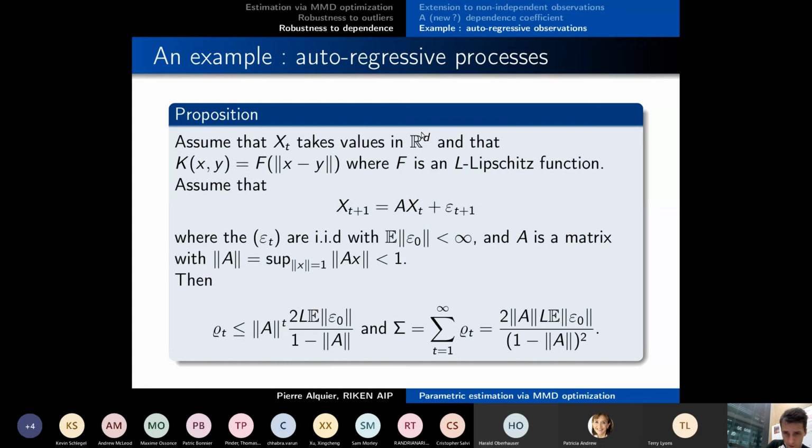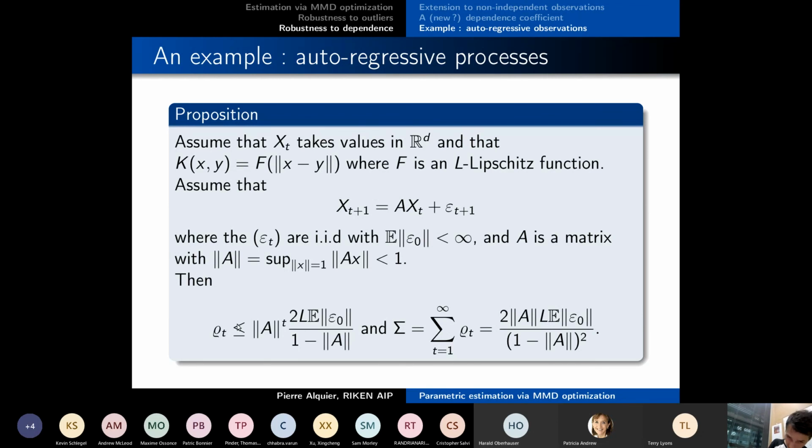The Gaussian kernel is Lipschitz, and actually this result would stand for any L-Lipschitz kernel. The assumptions that you need are simply that the noise epsilon is integrable, so the expectation of the norm of epsilon is finite, and the largest eigenvalue of A is strictly smaller than 1.